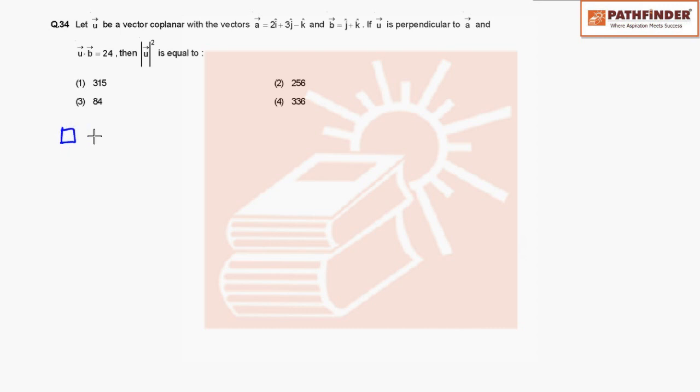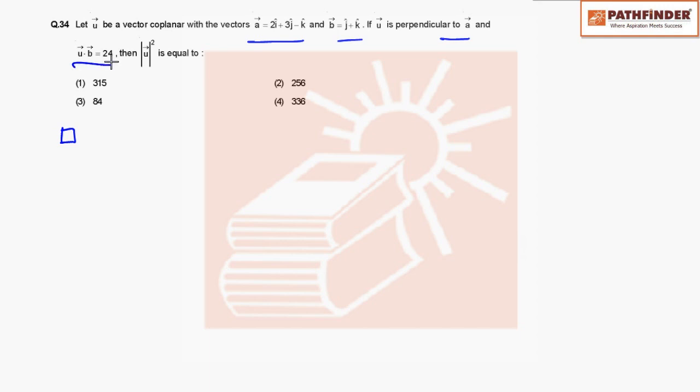The question is, U is a vector coplanar with vectors A, this is 2i plus 3j minus k, and B, it is j plus k. So U is a vector coplanar with vectors A and B in such a way that U is perpendicular to A and U dot B equal to 24.